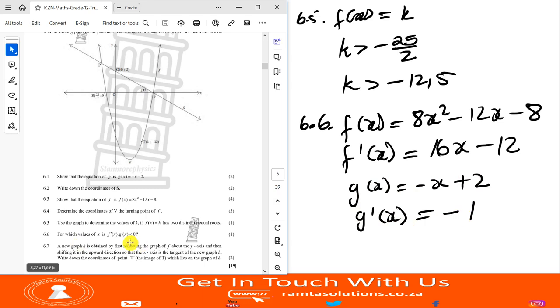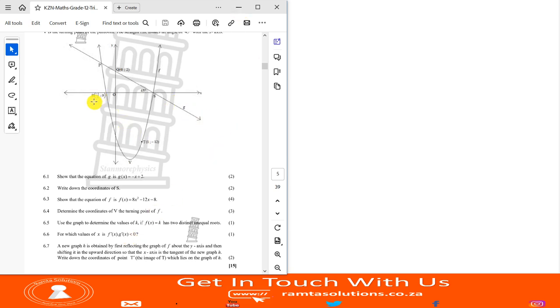Now this is asking you to find where the product of the derivatives will be negative. Do you see this? Something times something is less than 0. This means they will be negative. Okay, so let me go to the next page because I can't draw on this. Let me just show you something.